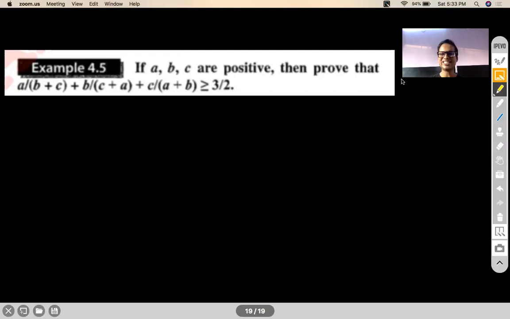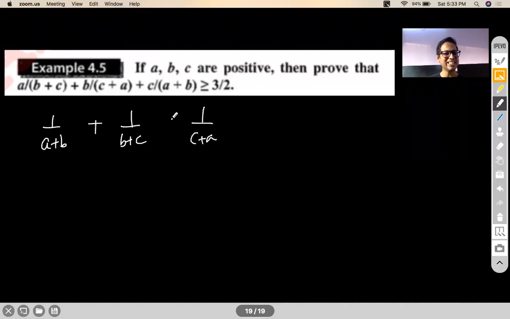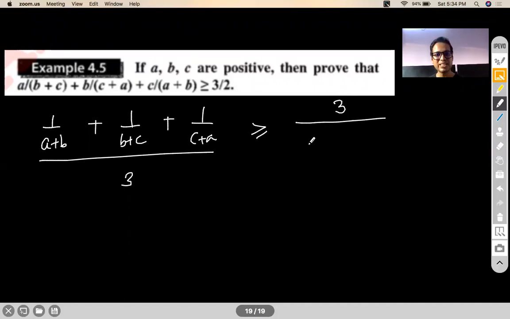Okay, so let's discuss this. Let us choose the three terms to which we are going to apply the AM-GM inequality as 1 by A plus B, 1 by B plus C, and 1 by C plus A. Okay, so can I say AM of these three terms will be greater than or equal to the harmonic mean of these three terms?